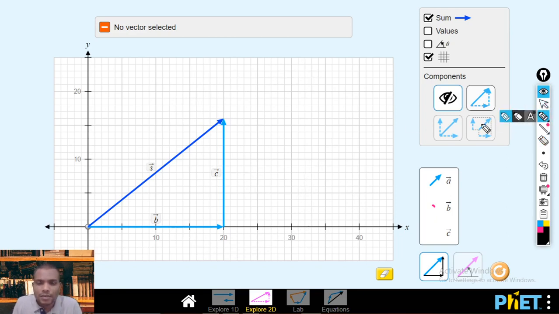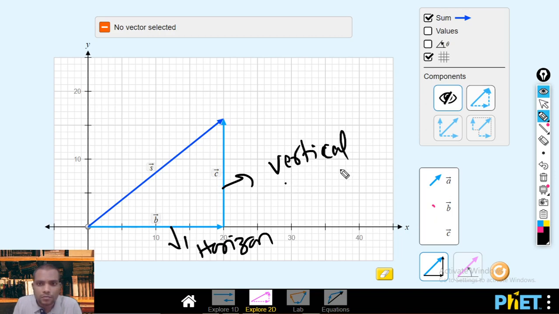One is the horizontal component and this is the vertical component. Any vector is resolved into its components in a two-dimensional plane. In three dimensions, it resolves into three components, as the z-axis also comes into the picture. So any vector in a two-dimensional plane resolves into two components, one horizontal and one vertical.